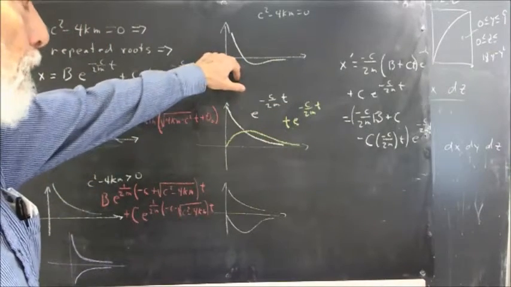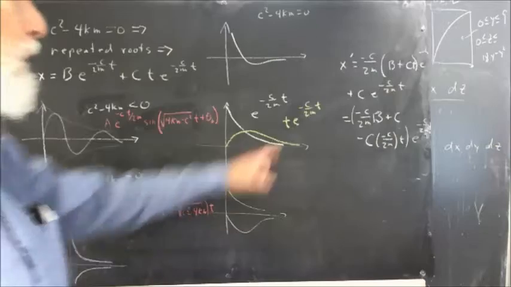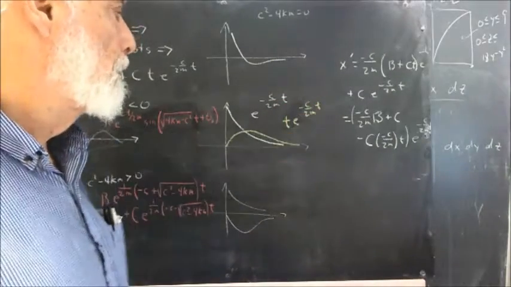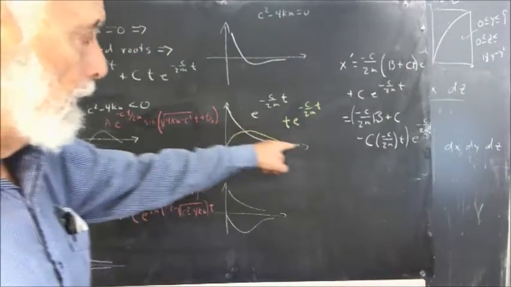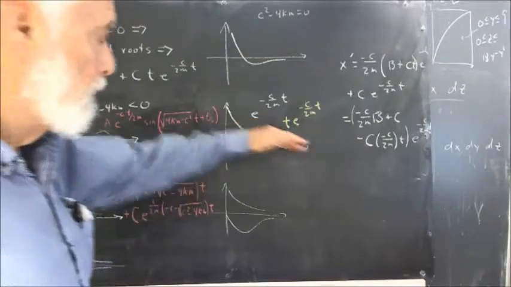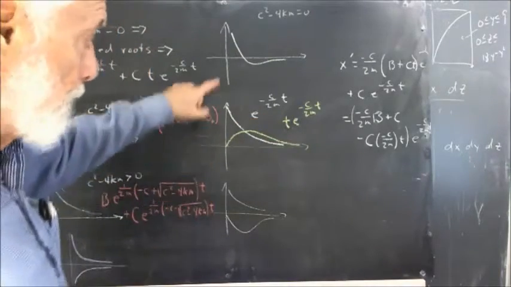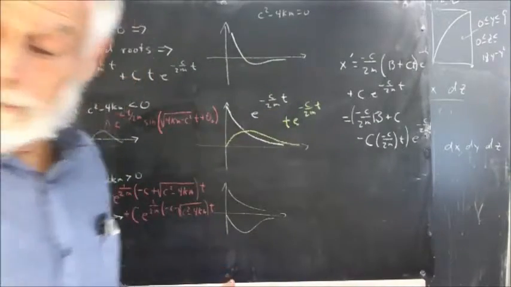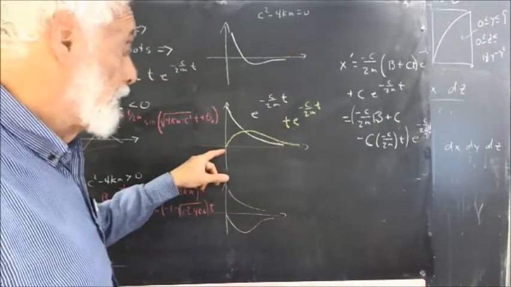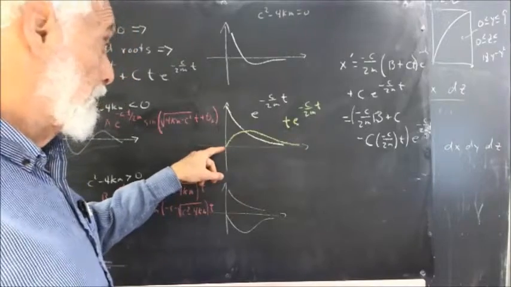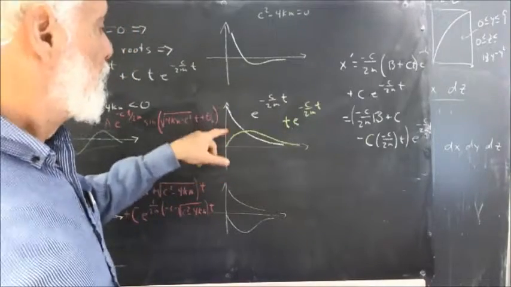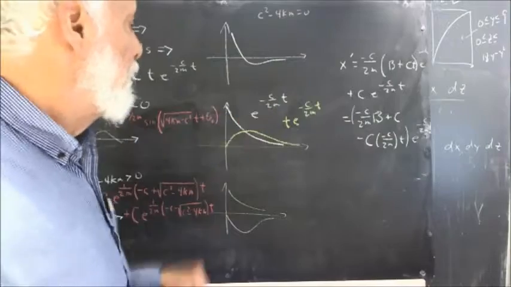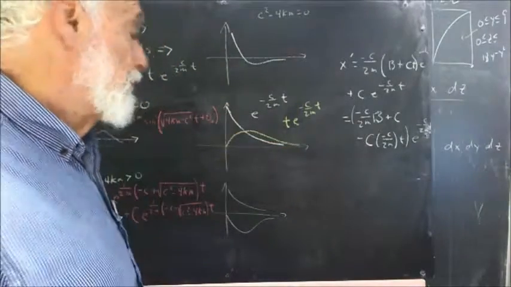Now, how does that sort of solution occur? Well, the t e to the negative c over 2m t is going to have a graph that looks like this, and you can easily analyze that. You just multiply an exponential function by a linear function, and you see that when the linear function is 0, you're going to get 0. The linear function is 0 here. But then the linear function increases as the exponential decreases.